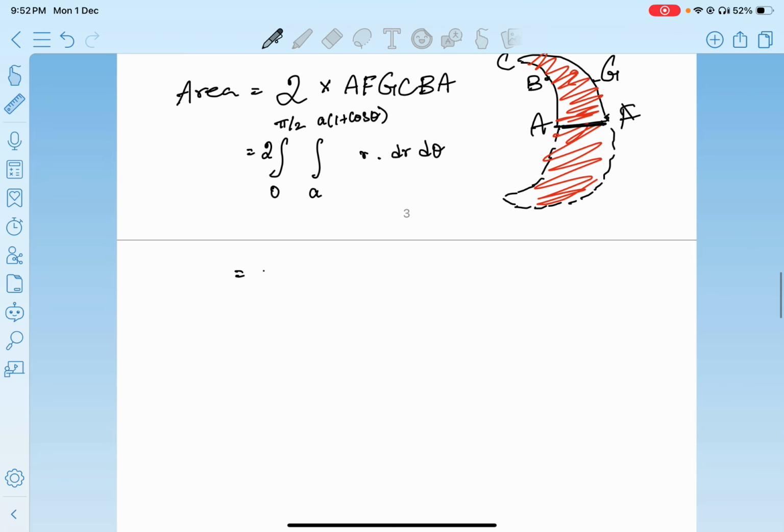Now we are going to calculate the integration. So 2 times integral 0 to pi by 2. Integrating with respect to r, which means r square by 2, where r goes from a into 1 plus cos theta to r equal to a, d theta.